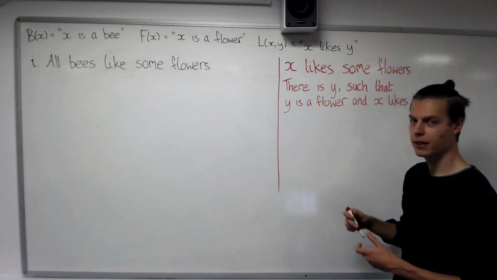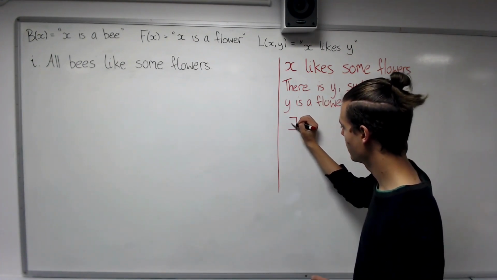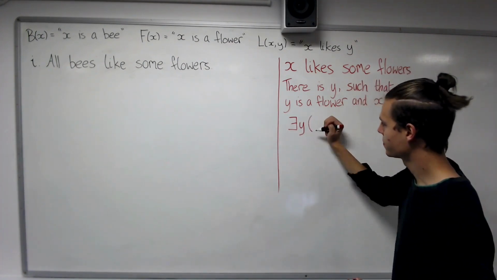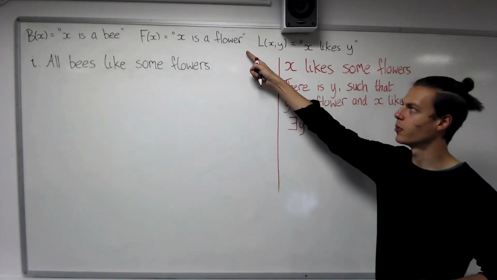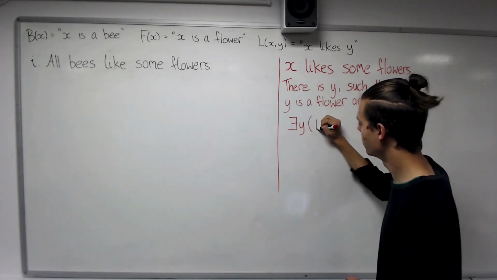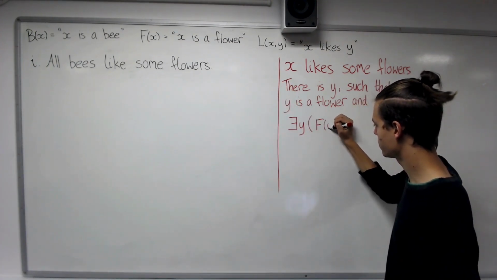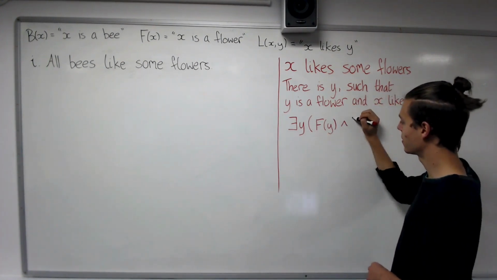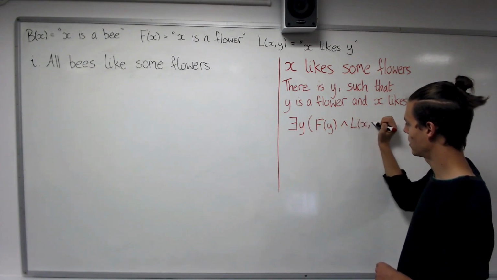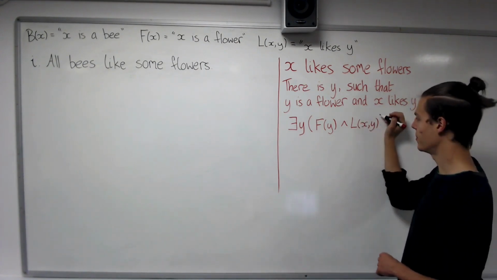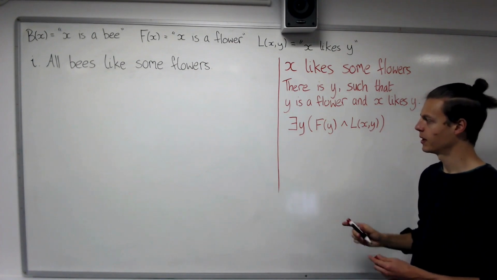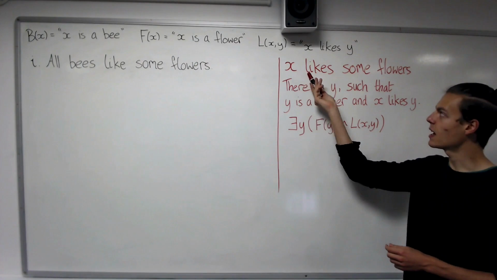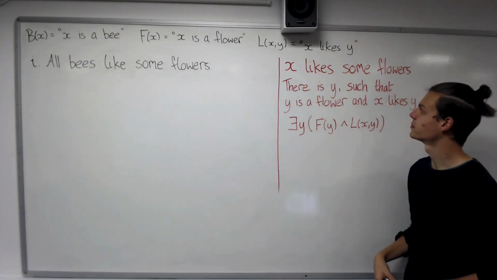There exists y such that y is a flower, well, we have that defined as a predicate, and x likes y. So this is how we write this statement, x likes some flowers.